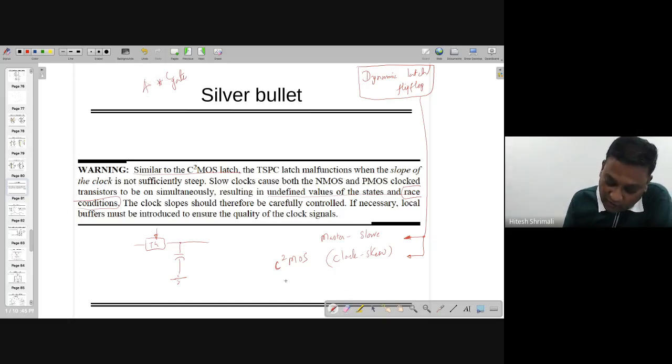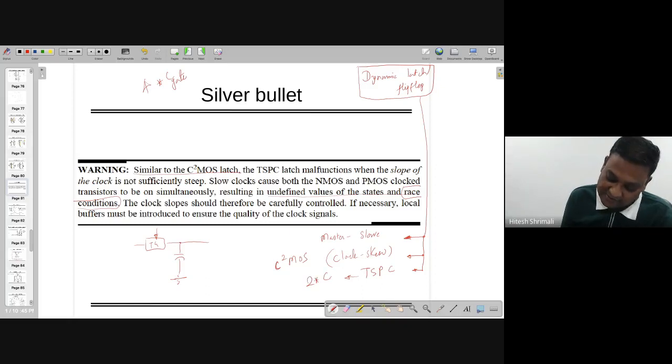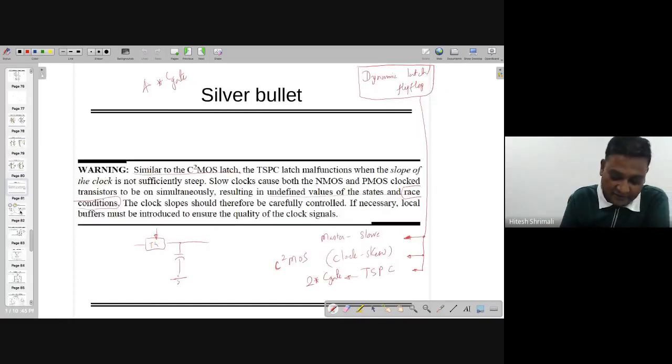If you want to avoid those, you can use TSPC, true single phase clock, where you have to drive two gate capacitances. And if you don't like this one, you can have also the last one, where you have to drive only one capacitance of the transistor. So all these things we have studied and understood in terms of changing the clock and clock bar. Next thing is going to be with the pulse register. We are going to make the dynamic latch. Okay, so that's all for today.